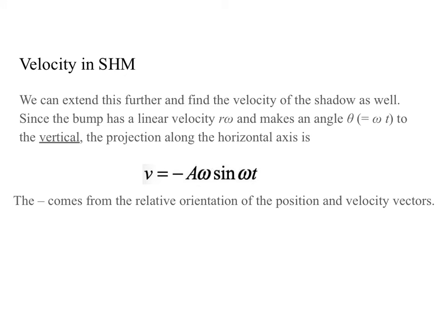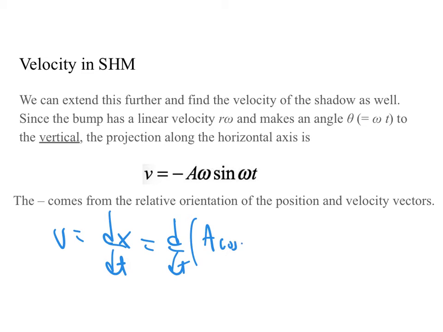Velocity in simple harmonic motion. We can extend this further and find the velocity of the shadow as well. By the way, I want to note that there's a real shortcut here. Of course, v is just dx/dt. So if you've got calculus, it's d/dt of a cosine omega t. The a comes outside, and we have d/dt of cosine omega t.